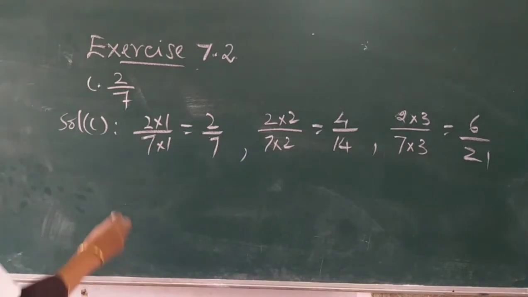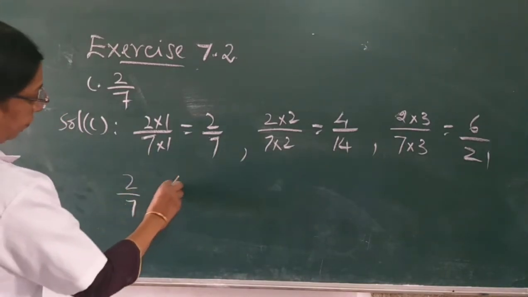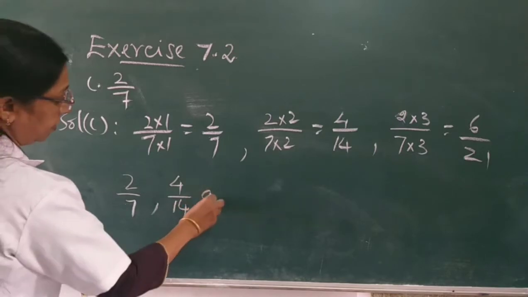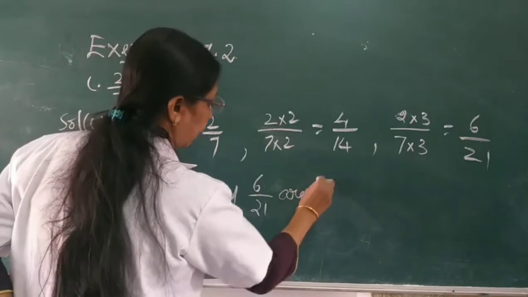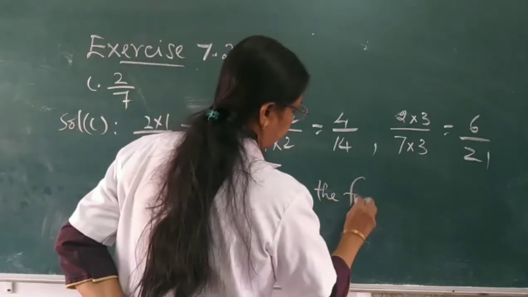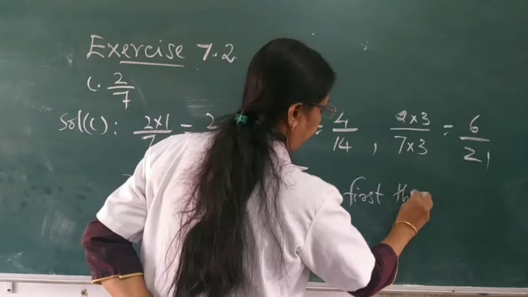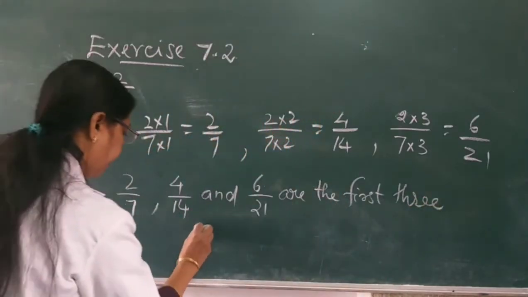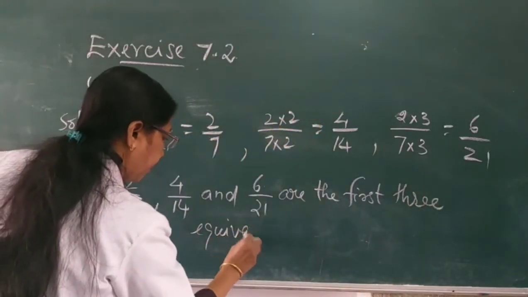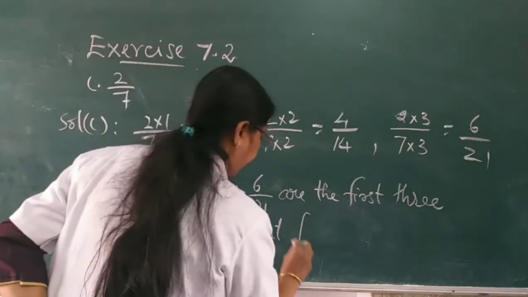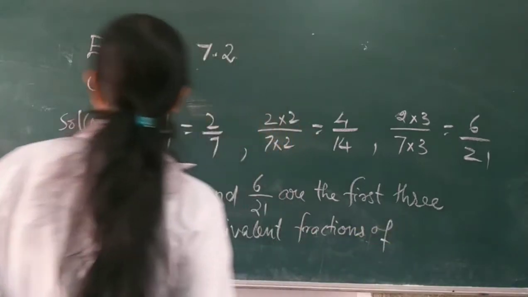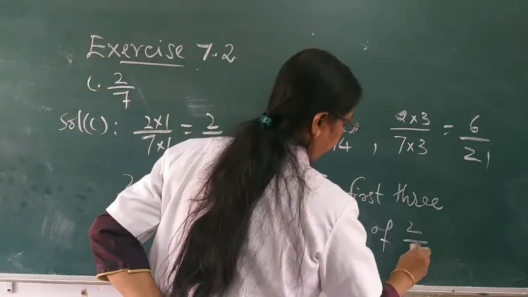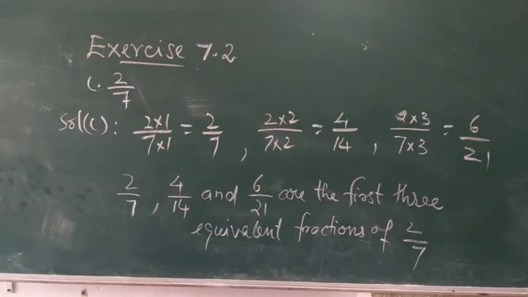So we can write 2 by 7, 4 by 14 and 6 by 21 are the first 3 equivalent fractions of 2 by 7.